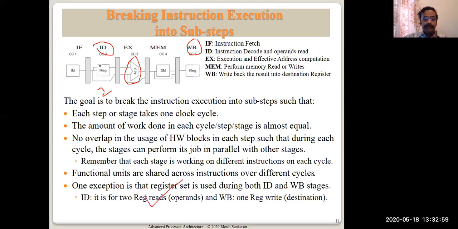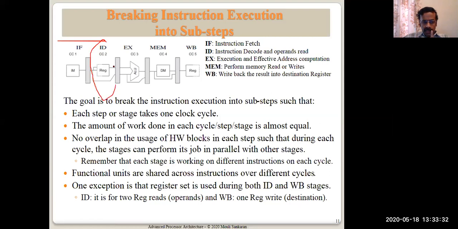We are only reading. During the write back stage, in the same cycle, the register set is used for writing back, that means writing the result into the register. So a register write is performed for this instruction, and in the same cycle a read operation is done here.